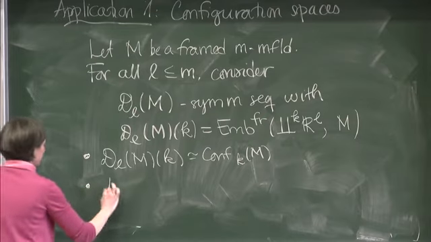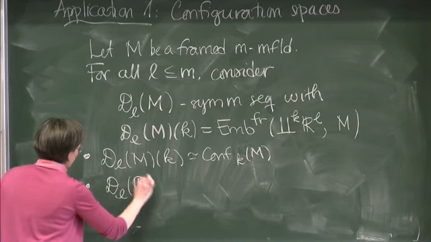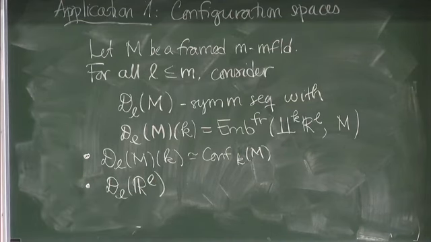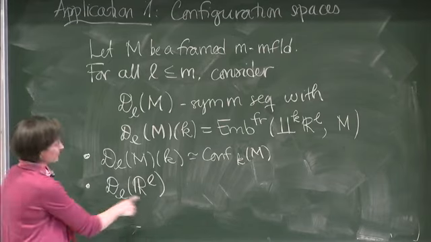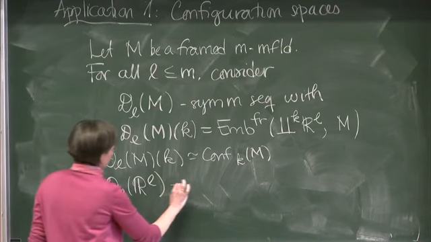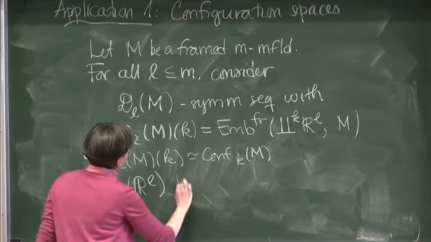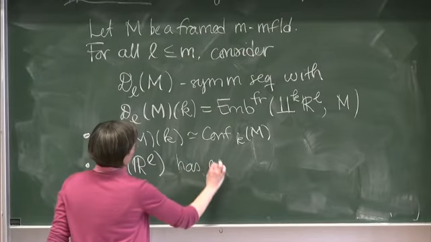On the other hand, if you look at D_L of R^L, they're the same dimensions here. So in this case, this thing actually turns out to be an operad. So it has a natural operad structure.